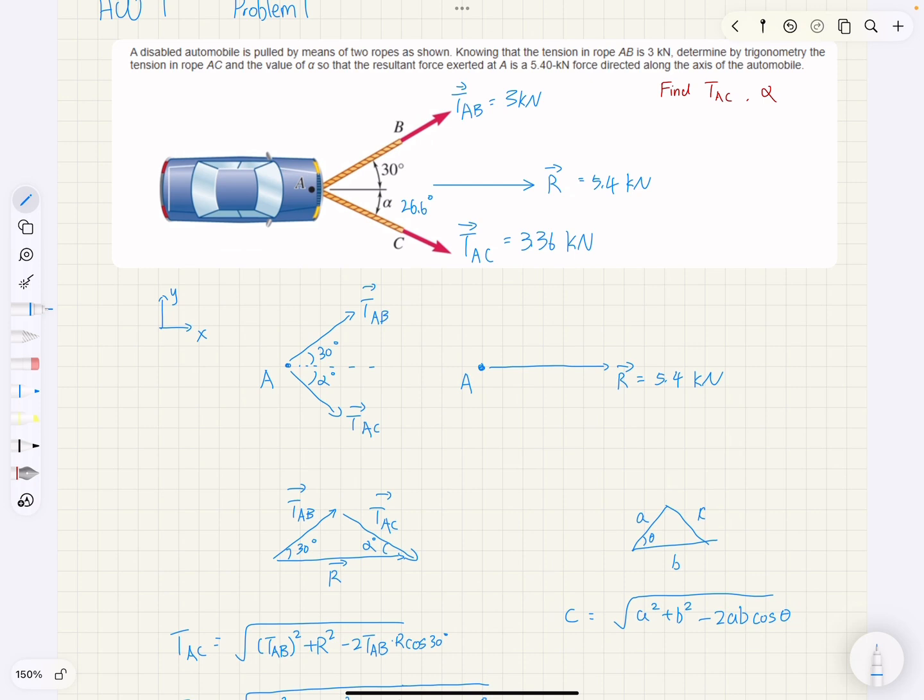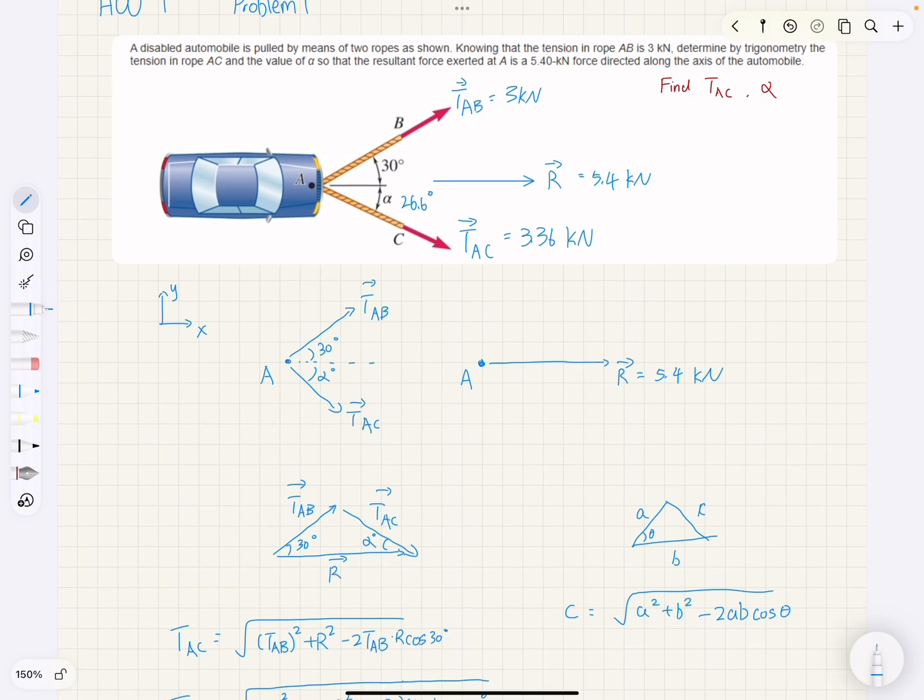When we have these two ropes pulled together, we can see that in the y direction, both ropes cancel out their force, and add their x component forces up and have a resultant force of 5.4 kilonewtons. So as a result, the car will move along the positive x direction.